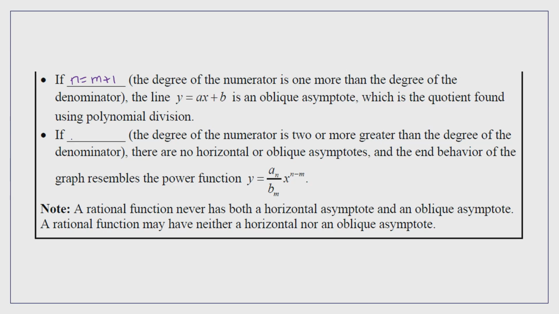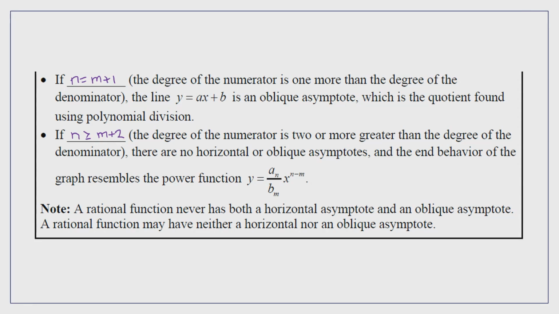So you're dividing that top polynomial by the denominator. If n is greater than or equal to m plus 2, so that means the degree of the numerator is 2 or more greater than the degree of the denominator, then there are no horizontal or oblique asymptotes.